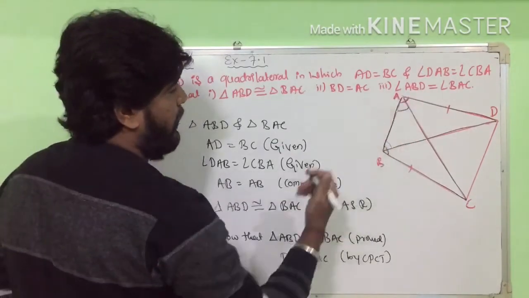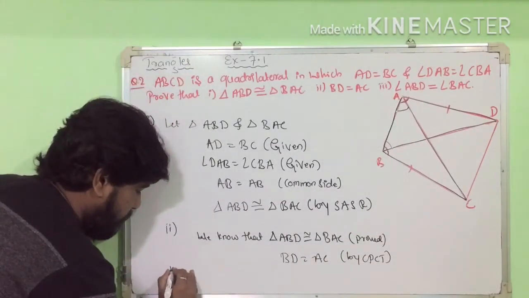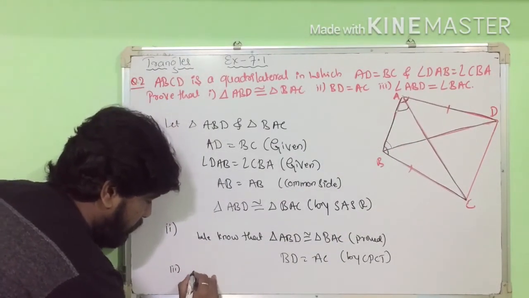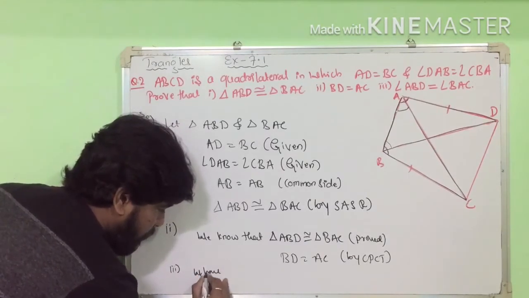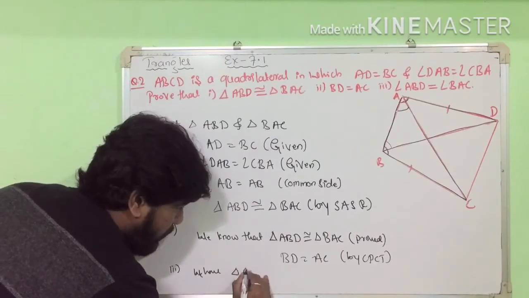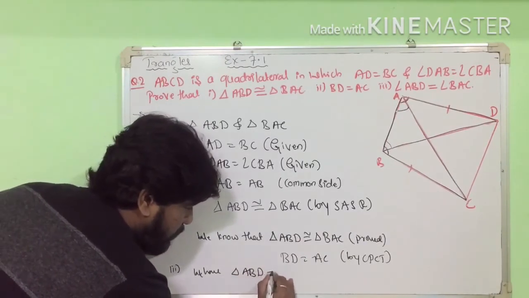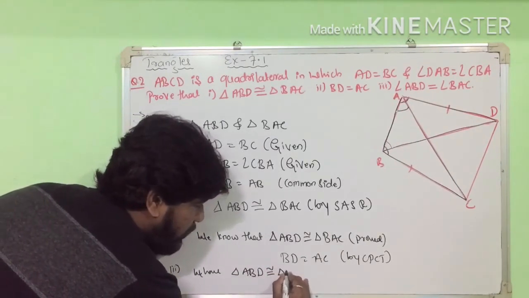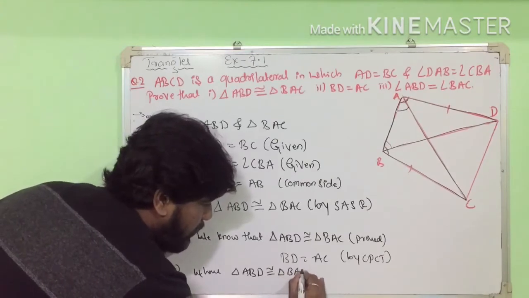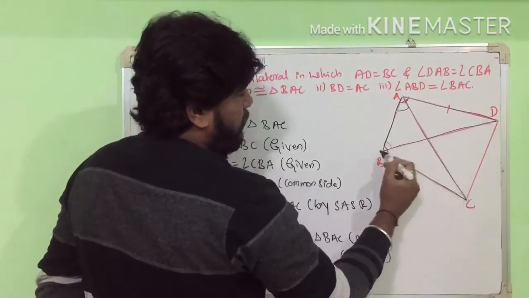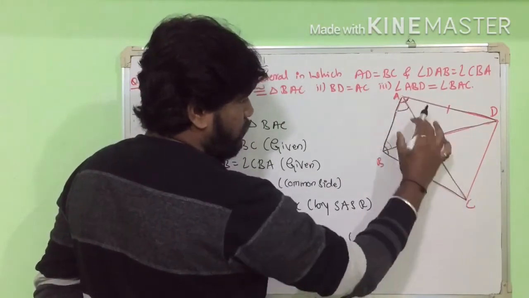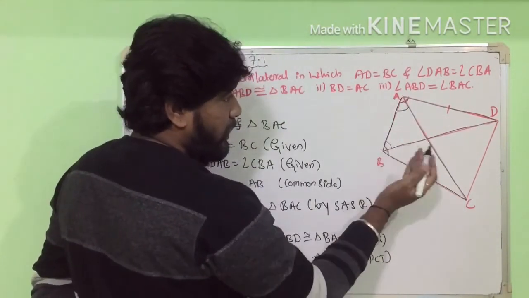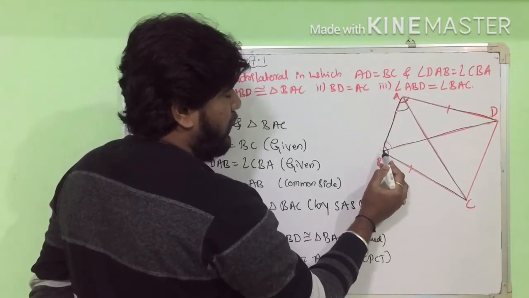And similarly the third one, the angle. We have the triangle ABD is congruent to the triangle BAC. So these two triangles are congruent, means their corresponding angles are equal. Which one?